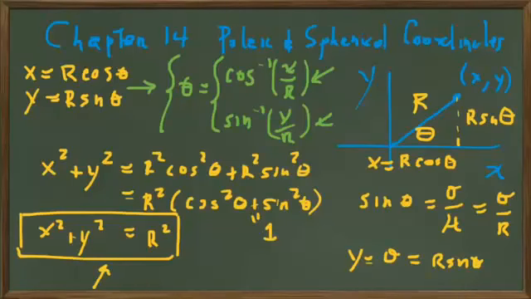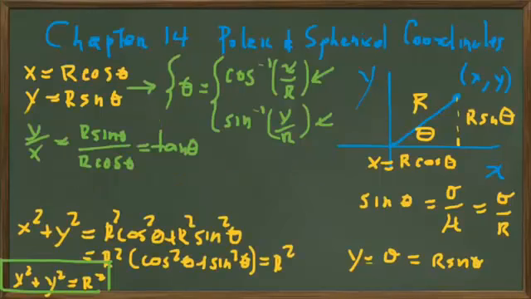If we divide these two expressions by each other, the y expression by the x expression, we get y over x equals r sine theta over r cosine theta.